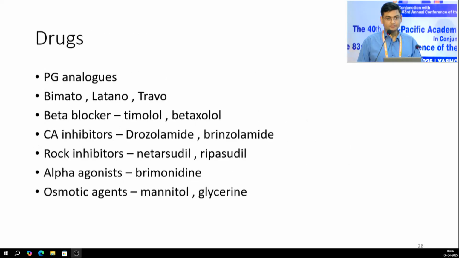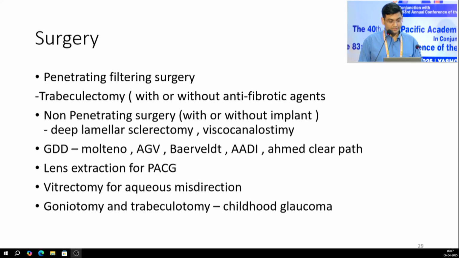So we have drugs which are prostaglandin analogs. We are all accustomed with that: bimatoprost, latanoprost, travoprost, beta blockers, carbonic anhydrase inhibitors. There are new generation drugs, ROCK inhibitors. So I'll not go into the details. Then we have surgeries, which are the traditional penetrating filtering surgery, trabeculectomy, and the non-penetrating surgeries.